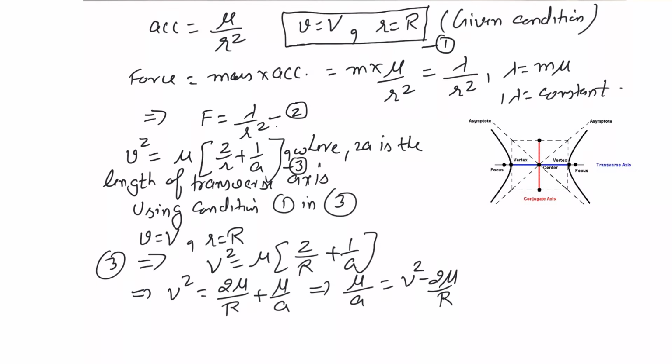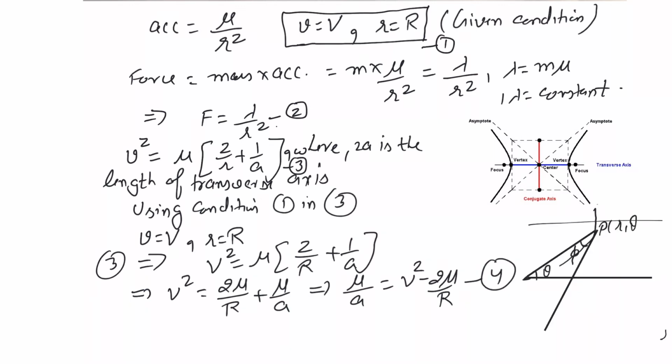Now next we see this figure. In this figure, P is any point (r, theta) on the curve, and this is the radius vector r. This is the tangent drawn at point P, and this is making an angle psi.